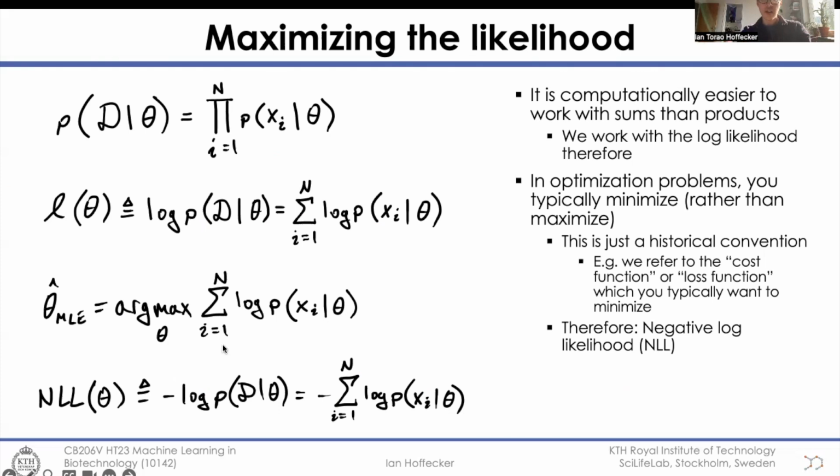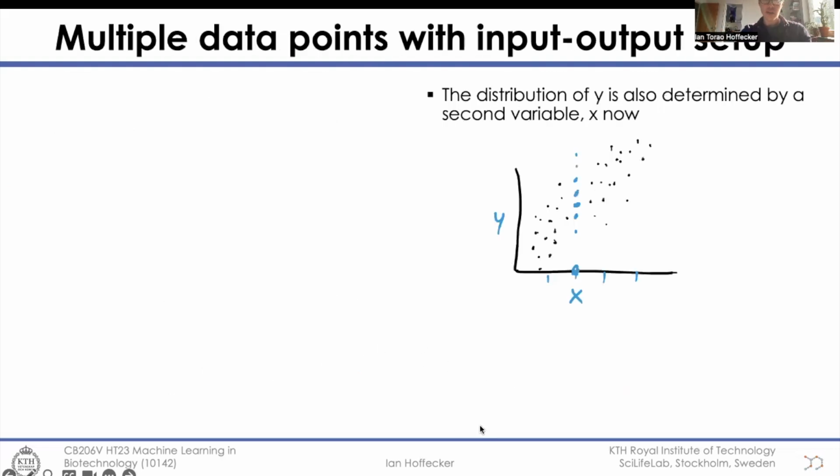And then finally, due to historical reasons, there's a convention that you typically minimize things. So usually we're working with what's called a loss function or a cost function, and you want this to be low. So rather than maximizing the log likelihood, we'll be minimizing the negative log likelihood. And all this is just a minus sign put out front. And then this is the optimization problem that we're addressing.